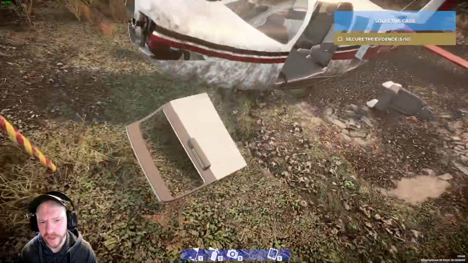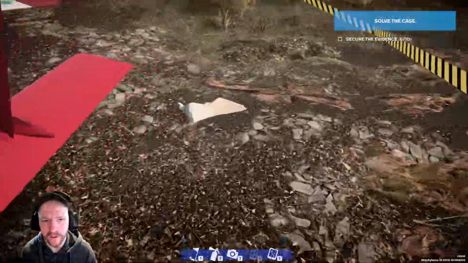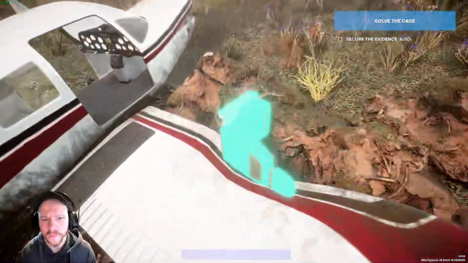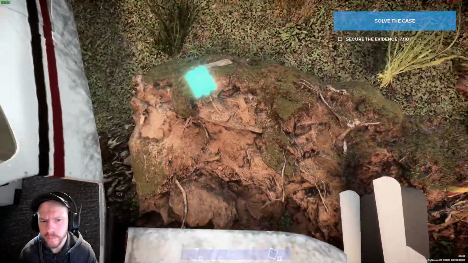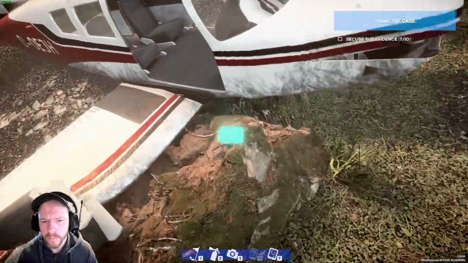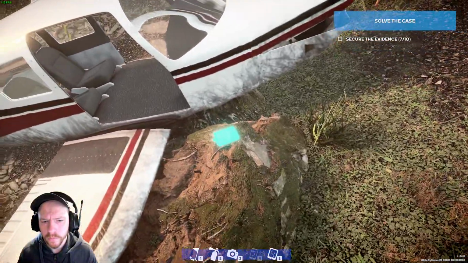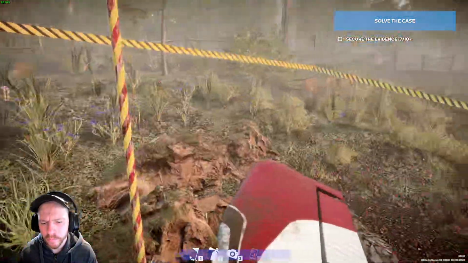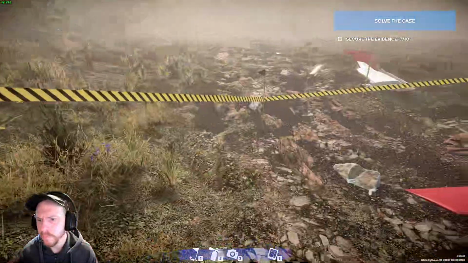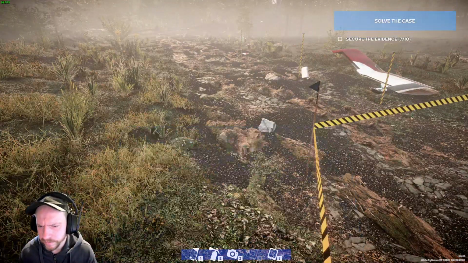Apparently there's evidence here that... okay, this needs all needs marking inside the zone. Okay. Okay, right. So now we need to find the rest of the evidence.